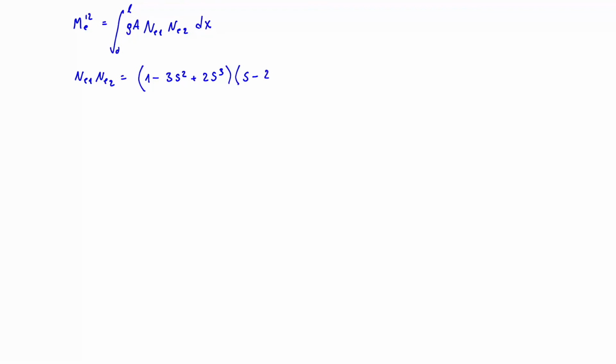Then we have 2s squared plus s to the power of 3, times L. Now I simply multiply all terms. That will, in total, give me 9 terms.